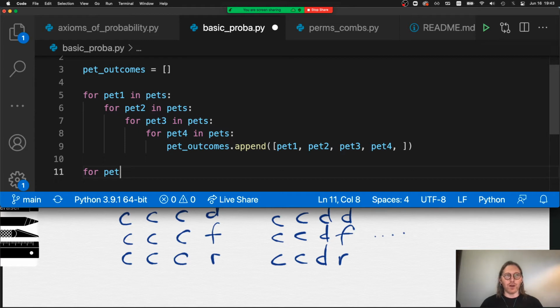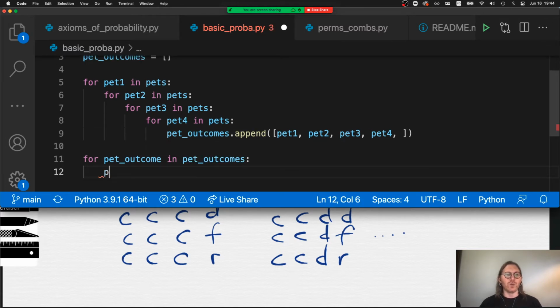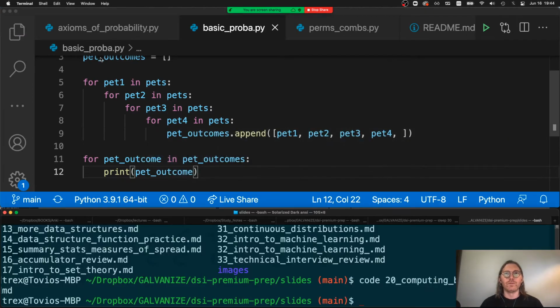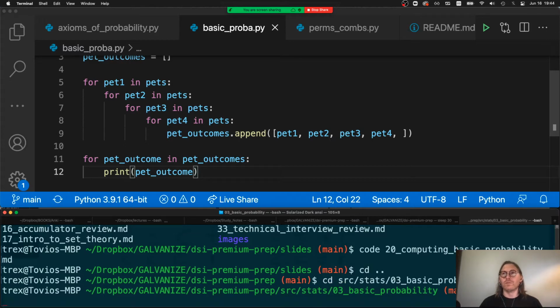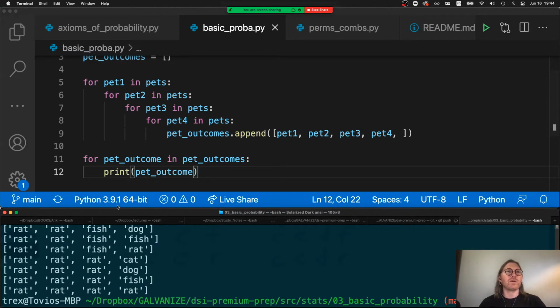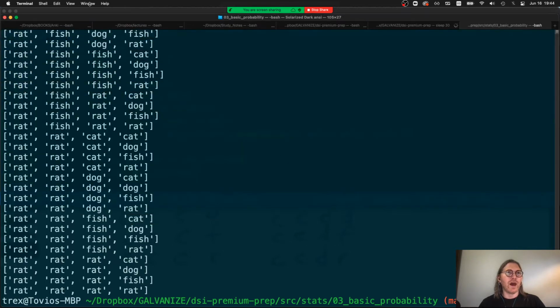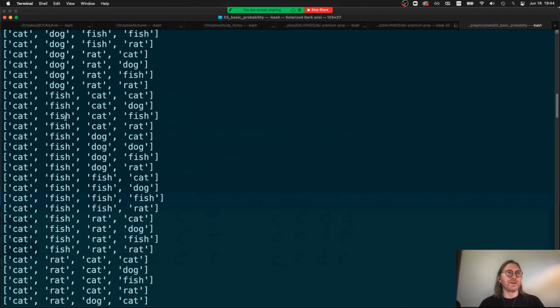So for pet outcome in pet outcomes, which was my collector, we can just print the pet outcome. Oh, I'm in slides, that's why. Okay, so here we have counted in our base 4 system, and this is exhaustive.